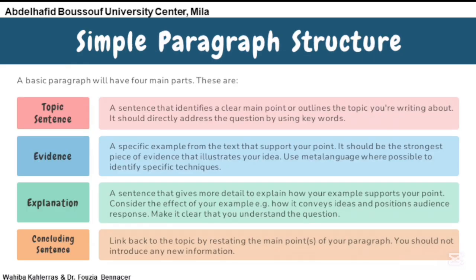Let's have a simple paragraph structure example. Topic sentence, the first sentence, we have the main idea and the controlling idea. Evidence, you're going to select one of the previously mentioned types of evidence. Let's call it example. Explanation, you explain your example and then you wrap up the paragraph into a closure or a concluding sentence.